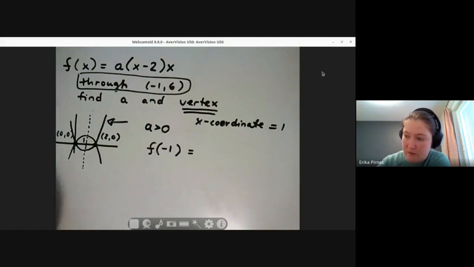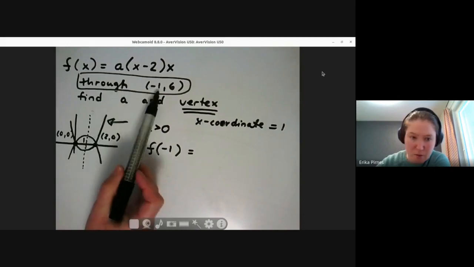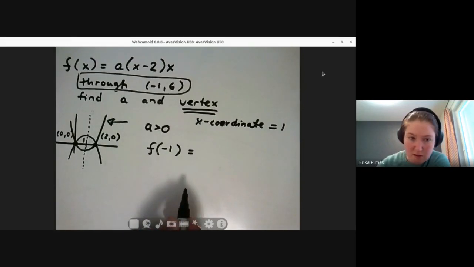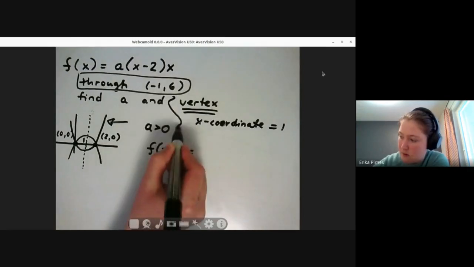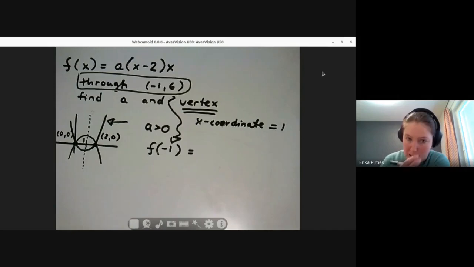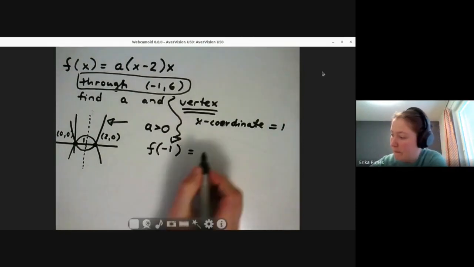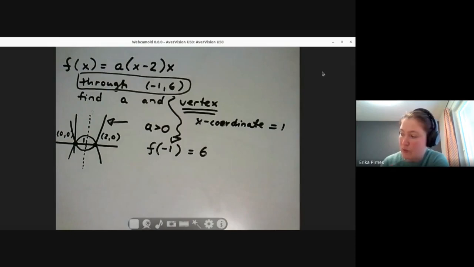From the graph passing through (-1, 6), f of -1 has to be 6, right? Yes. Good. f of -1 has to be 6.